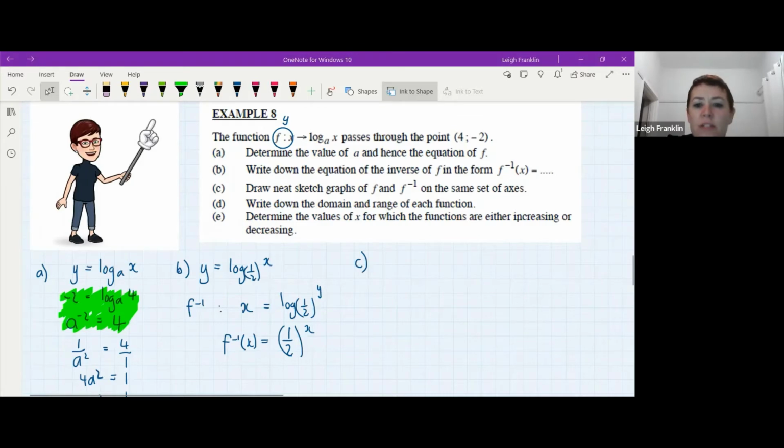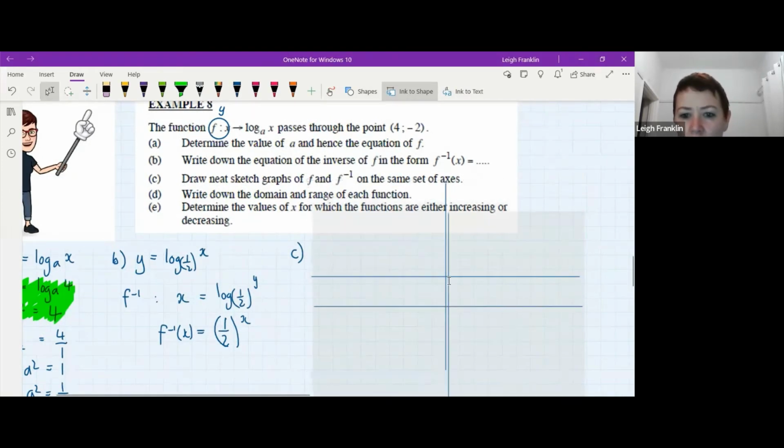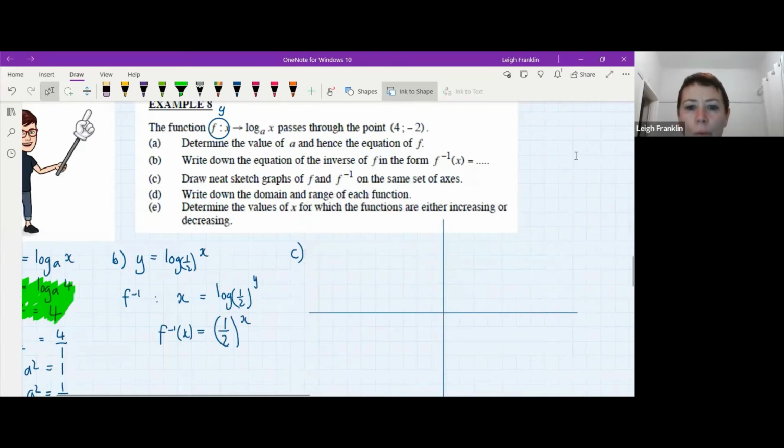Now question C. They've asked us to draw neat sketches of f and its inverse on the same set of axes. They love making us do questions like this, don't they? So very quickly, let's draw these. There are our axes. Maybe I should move them down a little bit.